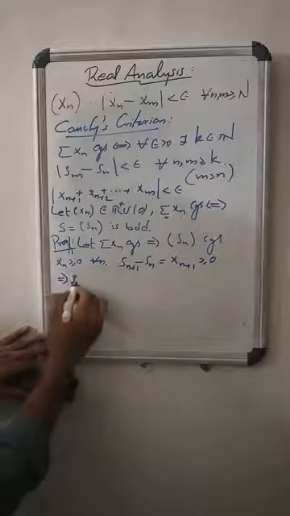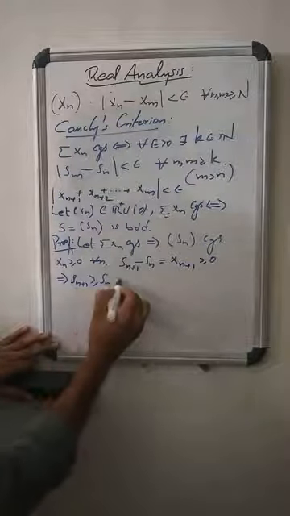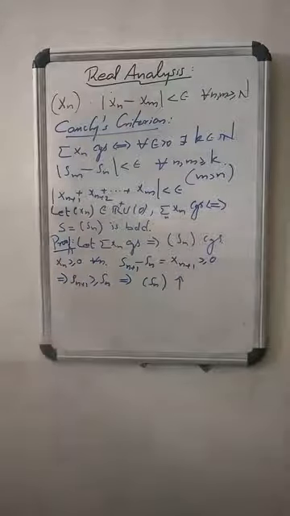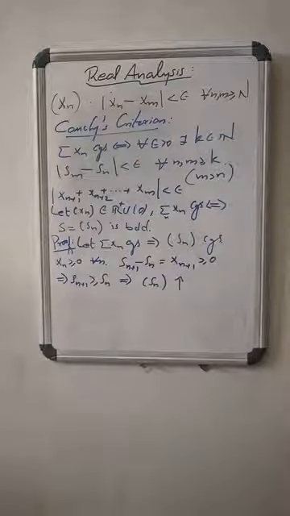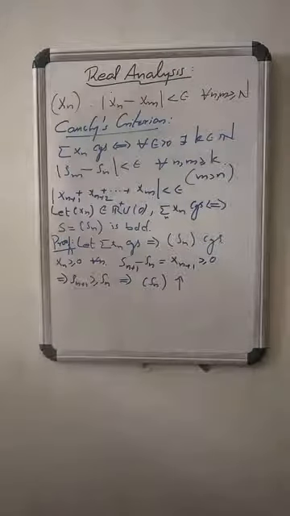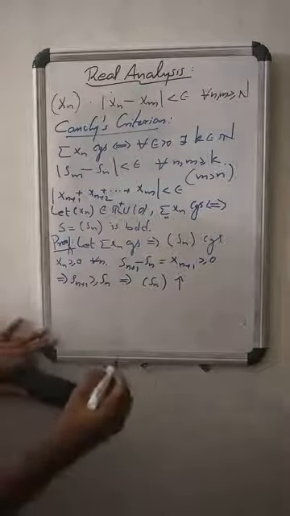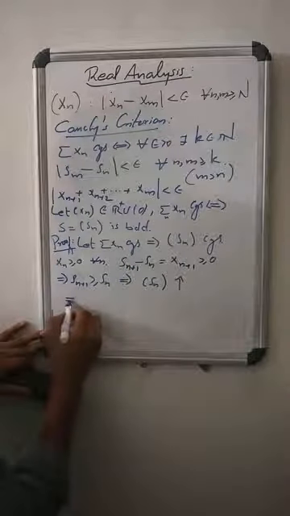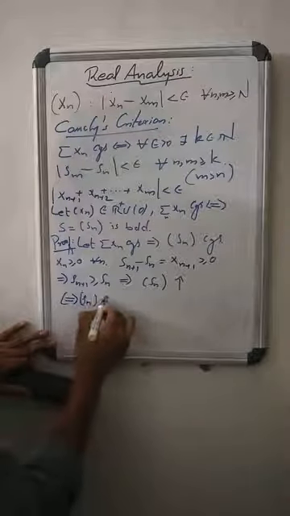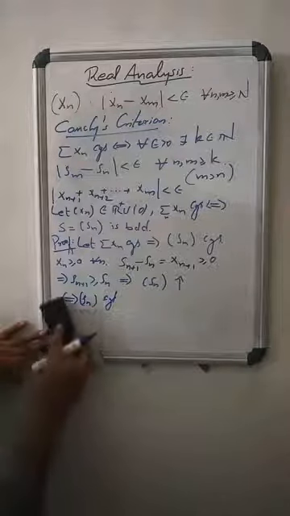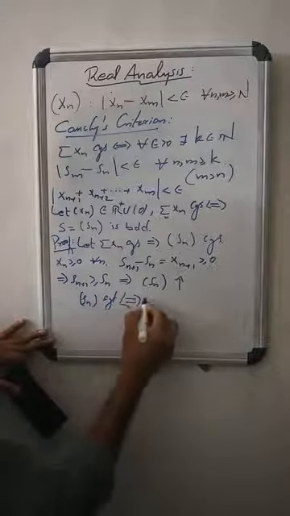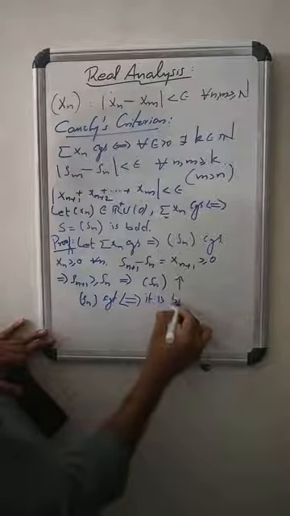That means Sn plus 1 is greater than or equal to Sn, so Sn is an increasing sequence, hence a monotone sequence. By the monotone convergence theorem, a monotone sequence Sn converges if and only if it is bounded. Agreed?